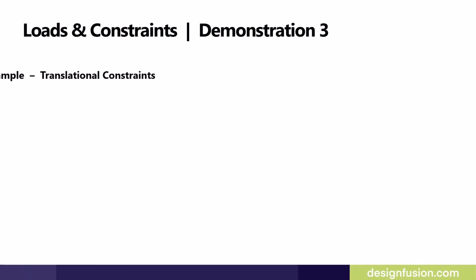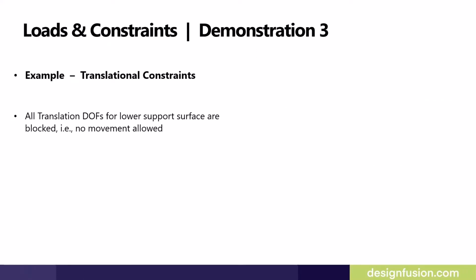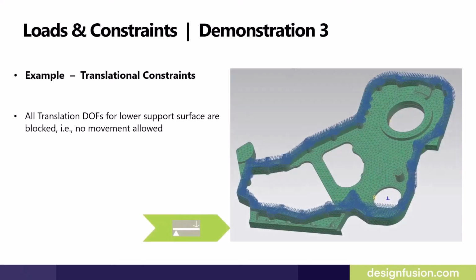So in demonstration 3, we will see how we can define a translation constraint. We know that this cover is going to be screwed to another body or component, but I do not have the geometry or representation of the other geometry. So how can we define that this cover is not going to move in any of the three directions?